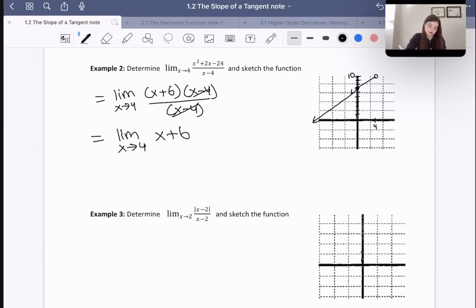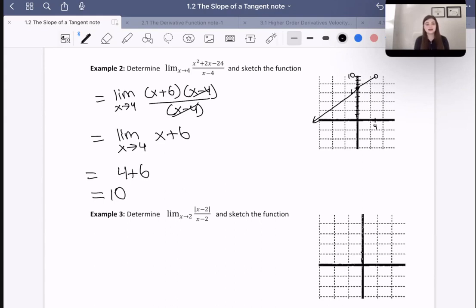And so at this point, we can now just plug in our value of 4 and get 4 plus 6, which is 10. So this limit is 10, right? Because when we're approaching 4 from both sides, we are going to end up with 10, even though we're undefined right at x equals 4. That's the big difference between a limit versus just plugging in some number in a function, which we've done previously.